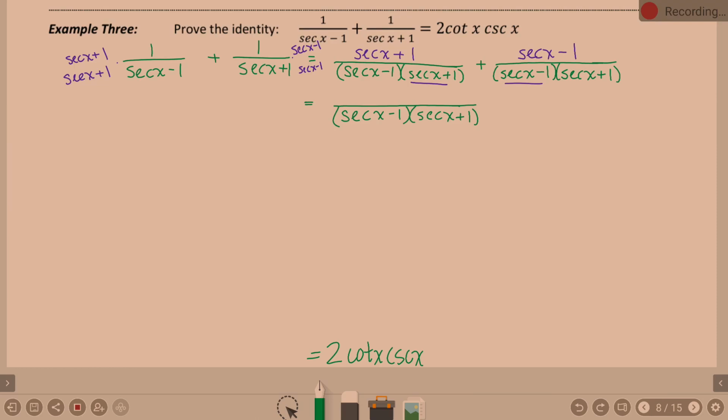Secant x plus secant x is going to be 2 secant x. And what about the 1's? 1 plus negative 1 will cancel. Okay. Now, what are you thinking? Is it a good idea to multiply my denominator?